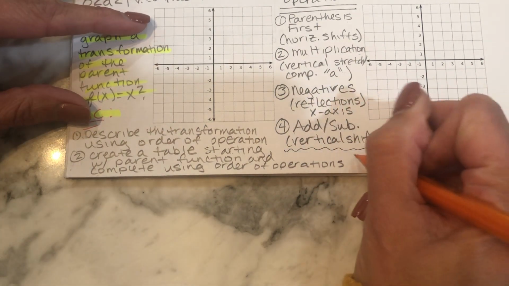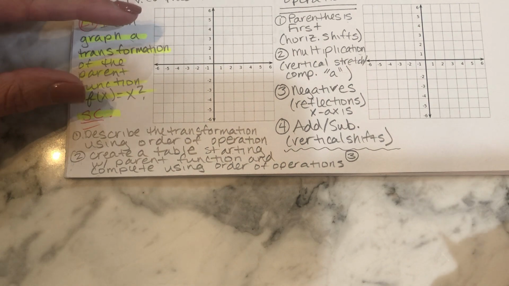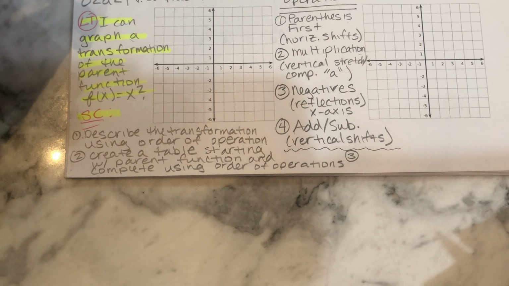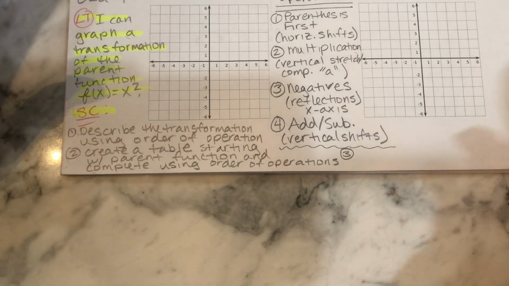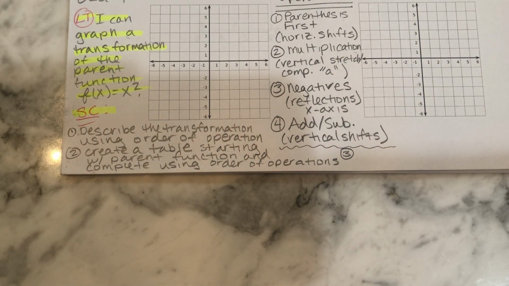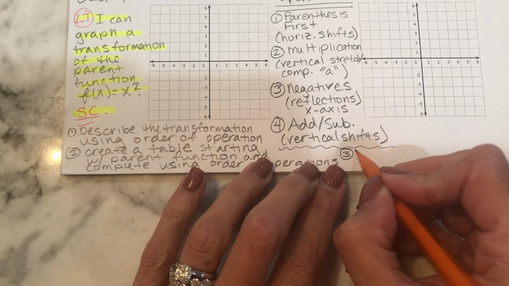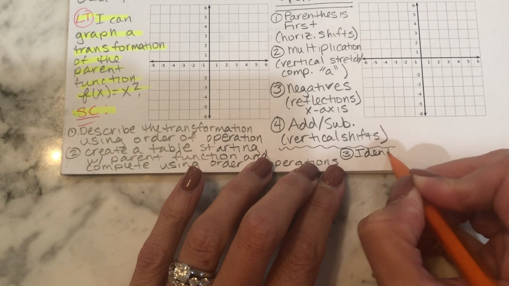All right, step 3, after we have our chart completed, we're going to identify the vertex. Just like what we did when we were creating our chart at the beginning of the video, we started with the vertex. So that's good practice. Start with the vertex, put that at the top, and then it's easy to identify.